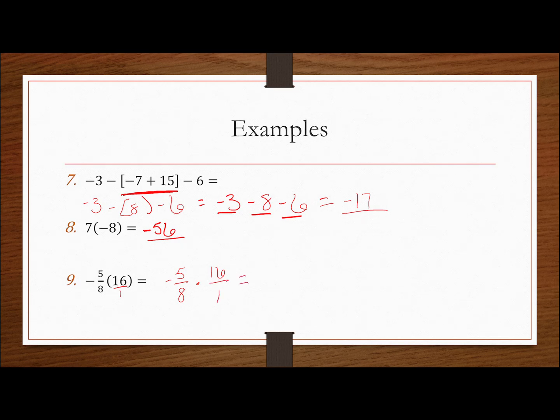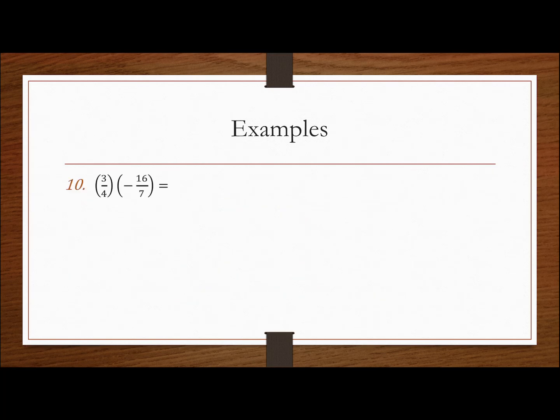Since we're not using calculators, you could multiply across the top and then the bottom and simplify, or look at this, 8 and 16. One's on top, so 8 goes into 8 once, 8 goes into 16 twice. So now if I multiply the smaller numbers, -5 times 2 would give us -10/1, which would just be -10.